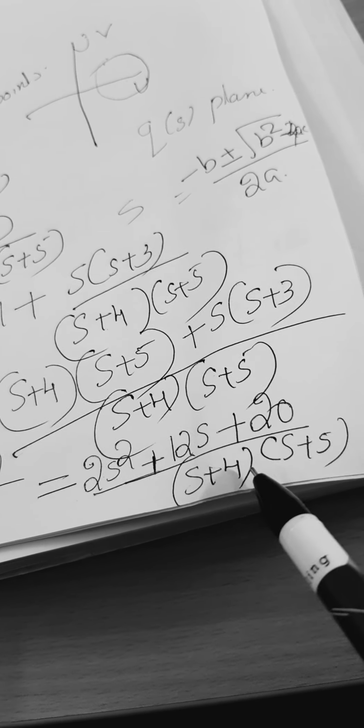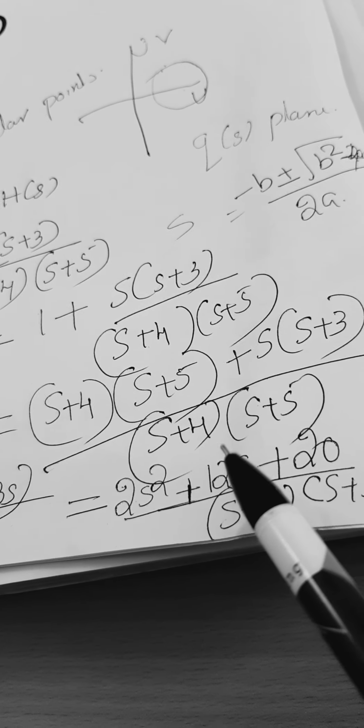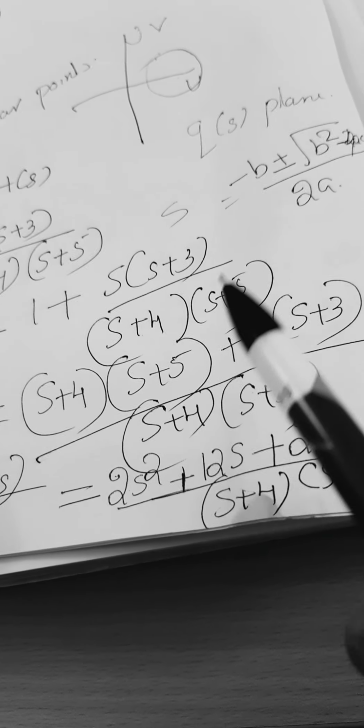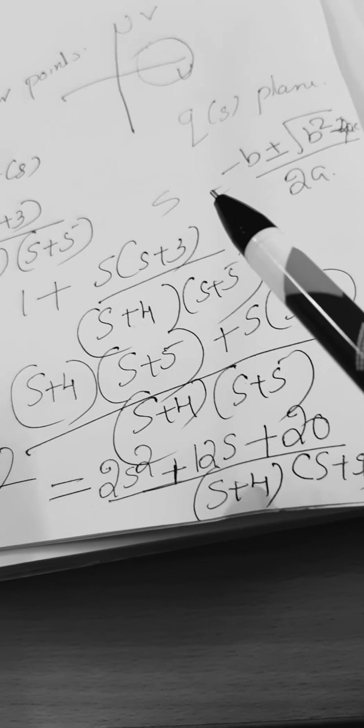So here it is a second order expression. There are two roots, or locations of zeros, that can be found by minus b plus or minus square root of b square minus 4ac divided by 2a.